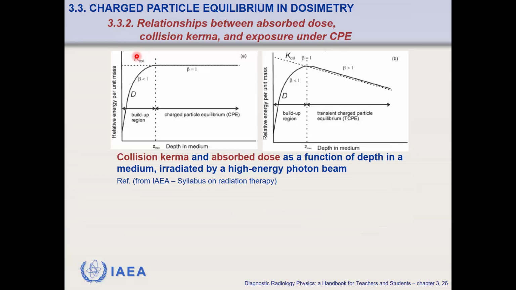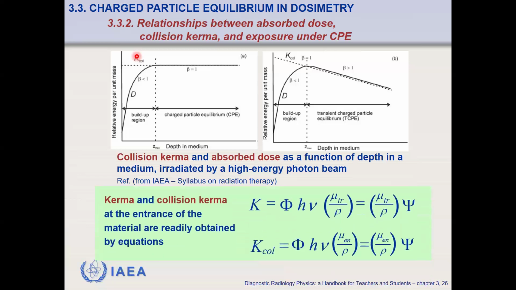So both are calculated by using these equations, K equals Ψ (mu_tr/rho), and collision kerma equals Ψ (mu_en/rho). Here hν is the photon energy, Φ is the photon fluence, mu_tr over rho is the mass energy transfer coefficient, mu_en over rho is the mass energy absorption coefficient, and Ψ is the energy fluence.